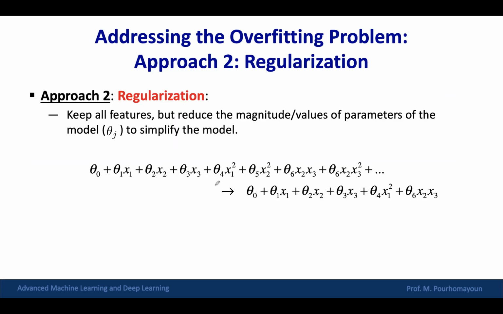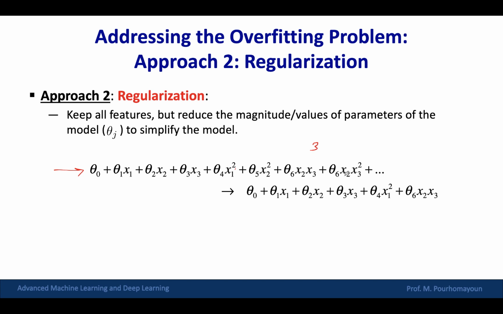The other thing is to make your model simpler. So here, look, I have only 3 features in this model. Right here in this model I have only 3 features, but my model is too complex. I have squares and I have order 3, one feature multiplied by the square of the other one. So although we only have x1, x2 and x3, so there are 3 features, my model is too complex.